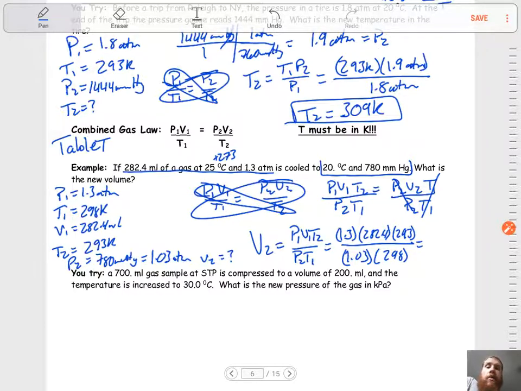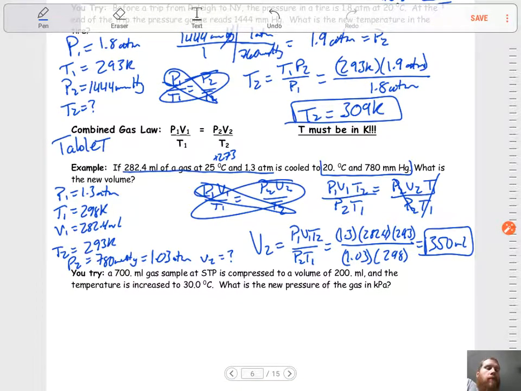Or, if you've figured out by now the way that I've taught you, top times top times top, divide by bottom, divide by bottom. If you plug it in that way, 1.3 times 282.4 times 293 divided by 1.03 divided by 298, it's going to get you there in the least amount of keystrokes. Find a way that works for you. Your correct answer that you should have in the end, rounded to sig figs, is 350 milliliters.